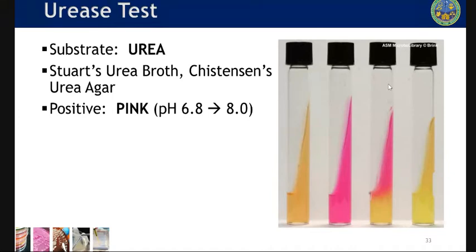There would be alkalinity during the utilization of urea, with urease being produced by the bacteria, so you have a pink color reaction. For urea, you make use again of Klebsiella pneumoniae being positive, with a pink color reaction, and E. coli negative for urease production.